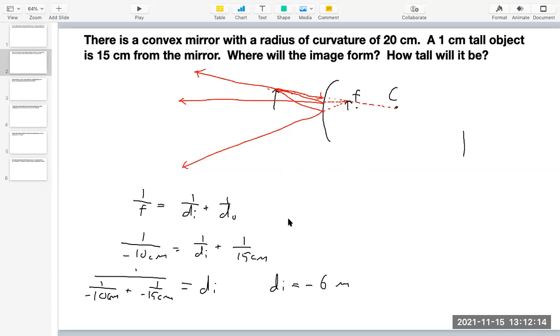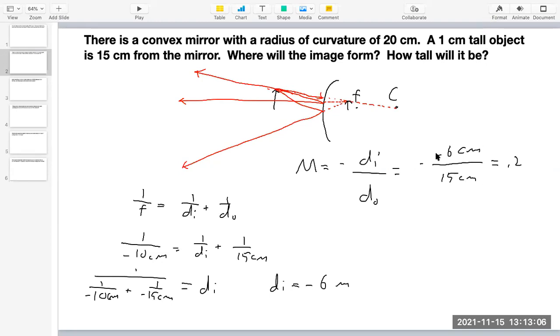So for the magnification equation, negative our image distance over our object distance. So it will be 0.2 times as tall as it used to be.